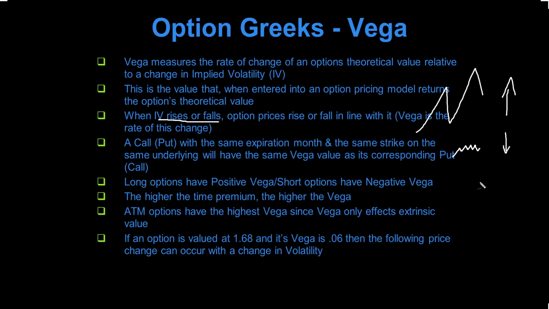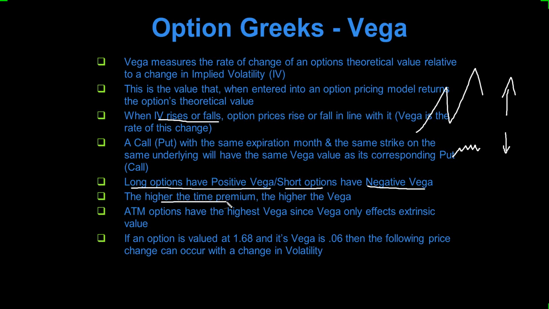It's very simple. Long options have positive Vega. That's very important. So when you buy a long call, if volatility goes up, the price of that option contract is probably going to go up. You're going to make money even if the stock doesn't move or it moves a little bit. However, if you're short options, you've got negative Vega. And negative Vega can be good or bad depending on what your strategy is and what you're trying to do.